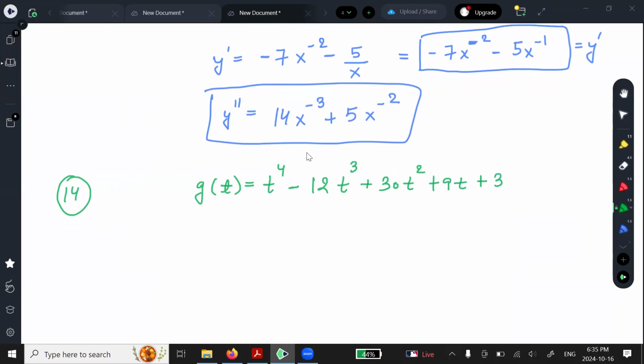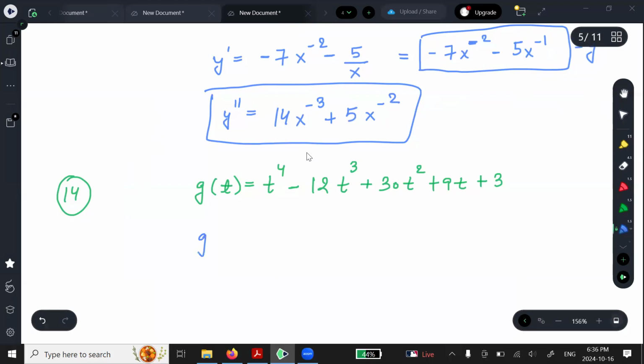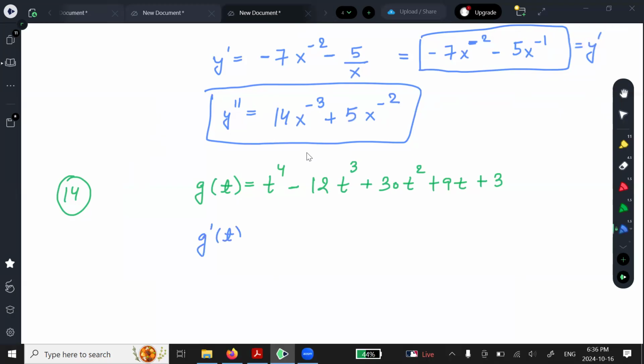Okay, to find critical points, I find the first derivative and make it 0. To find inflection points, I find the second derivative. First derivative tells me critical points. Second derivative tells me inflection points, right? Okay. So what is the first derivative?